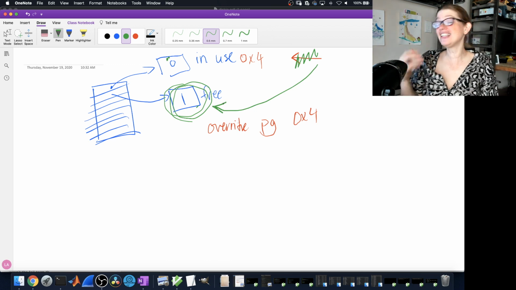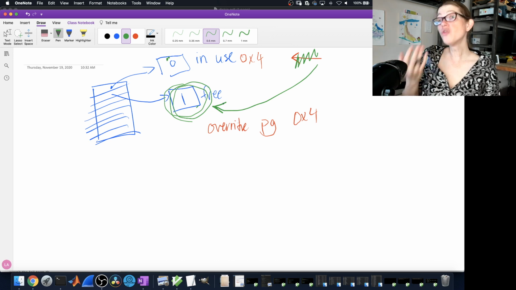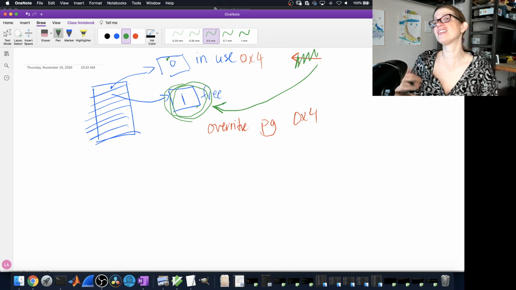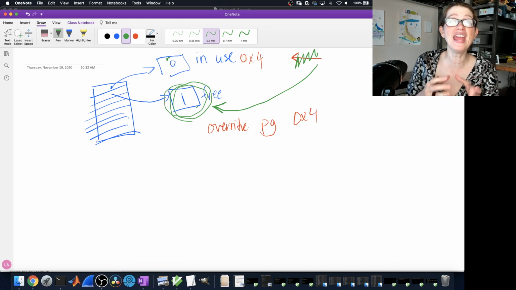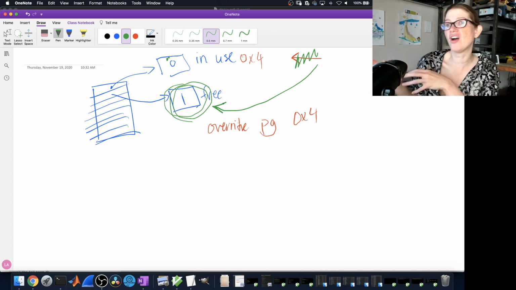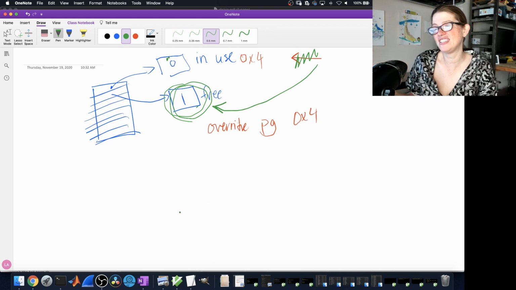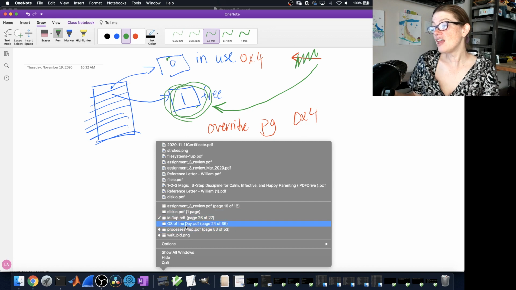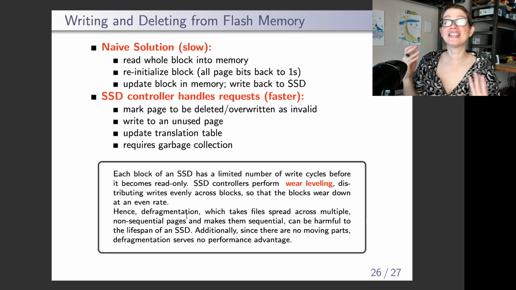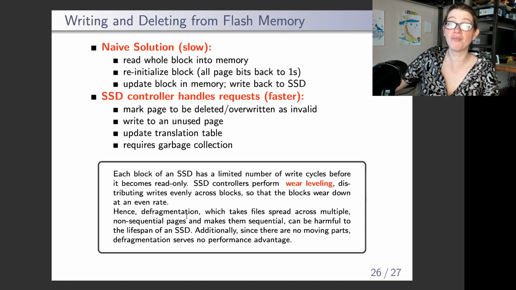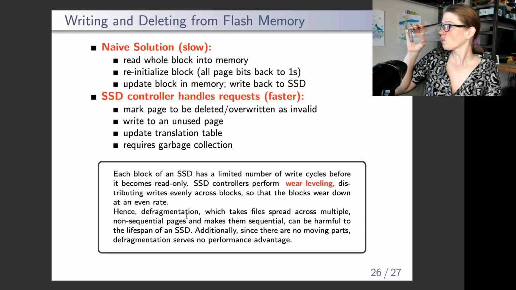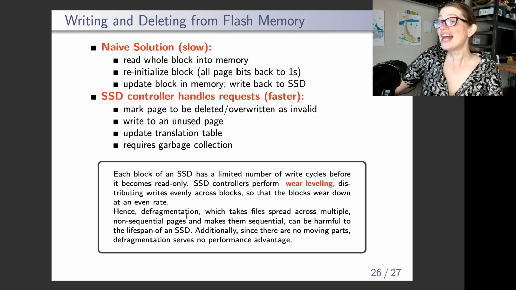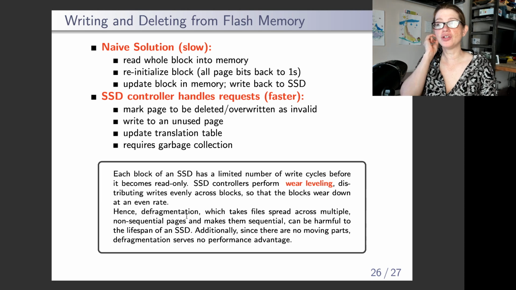And then I'm going to modify the file so that it uses this page instead. So we're doing this little trick to avoid overwriting blocks by, instead of overwriting a page, we'll just find a new page and modify the file so that it uses that page instead. Now this doesn't work forever, obviously, because at some point you are going to run out of free pages. And so periodically you actually have to do garbage collection.